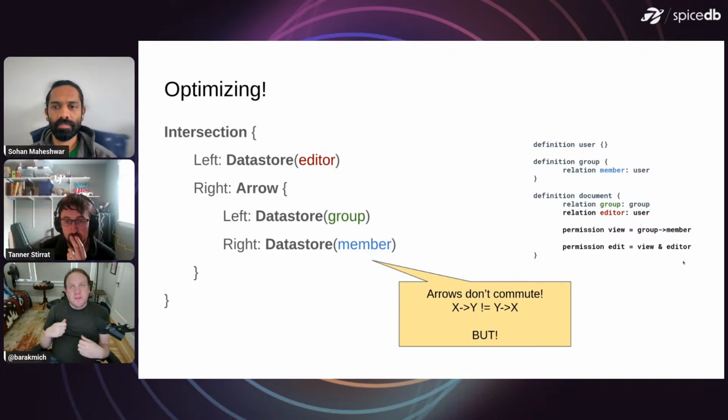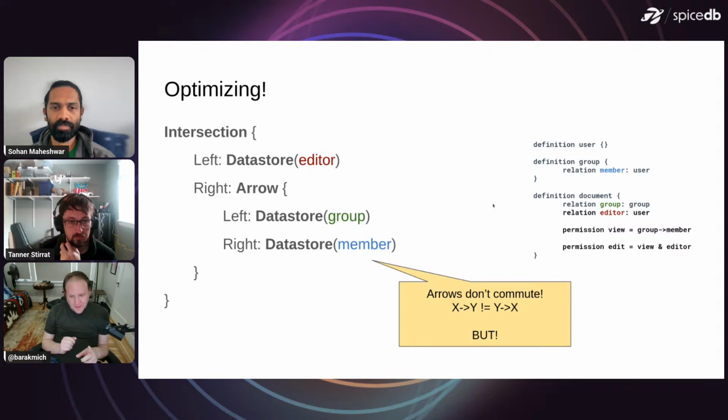So this document's been shared with engineering, and engineering has 10 people on the team. Then that's a relationship between the document and engineering to the members of that group. Because of that, it has a direction. It doesn't make sense to say, tell me the members of this document, when the document doesn't even have members. It only has groups. So I cannot reorder that.